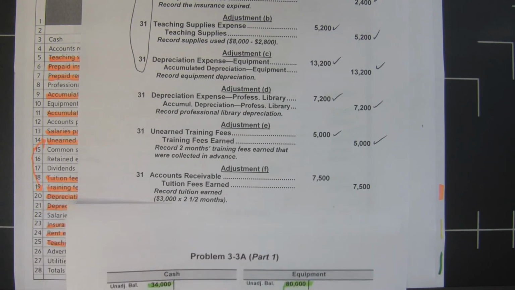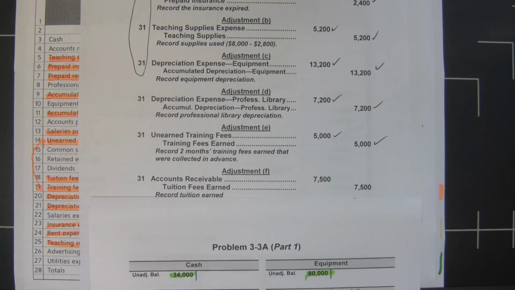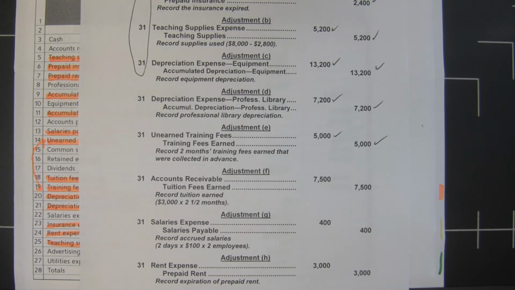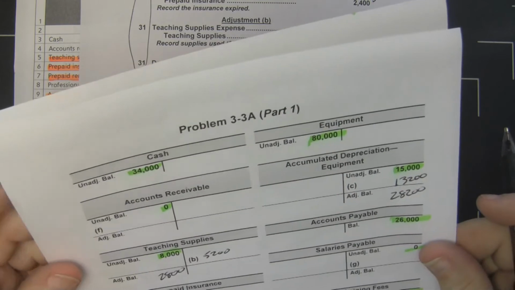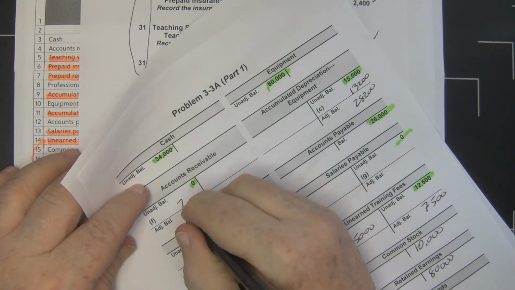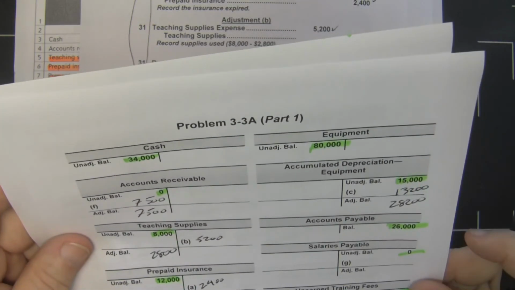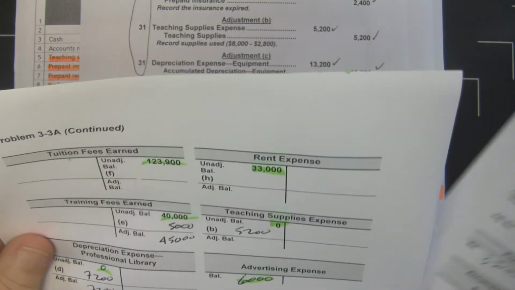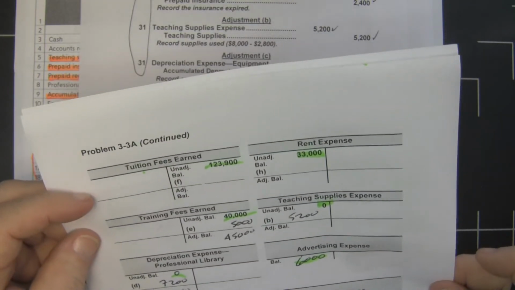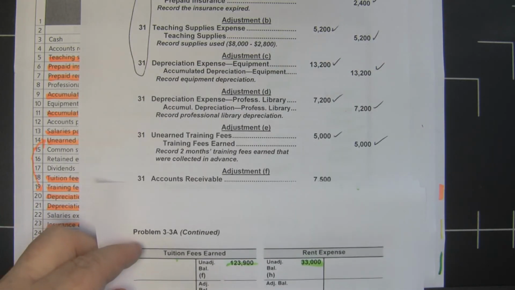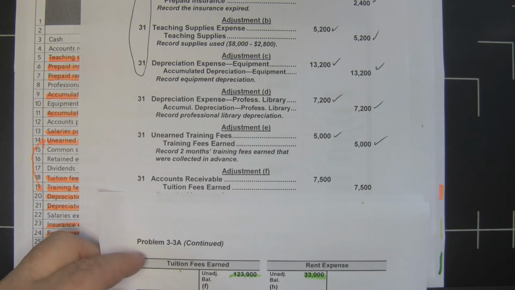Accounts receivable and fees earned. This is new revenue. Okay? So this is new revenue. So I'm looking for accounts receivable, $7,500. And I'm looking for fees earned, training fees earned. The training fees or tuition fees? Tuition fees, I'm sorry.